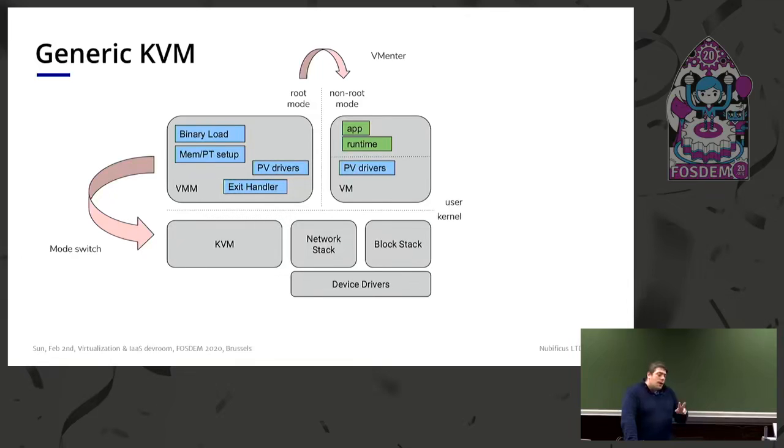There's another world switch there with a VM exit, and then there's another mode switch to KVM to handle all the hardware specific stuff, like in the network case or in the block case. So all these paths seem to produce a lot of overhead when handling I/O.